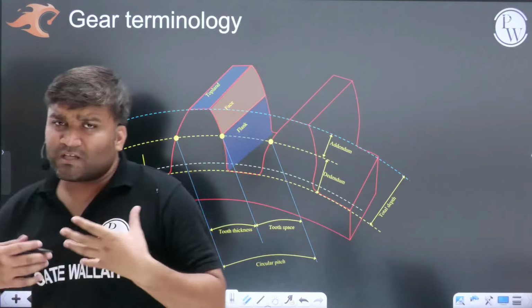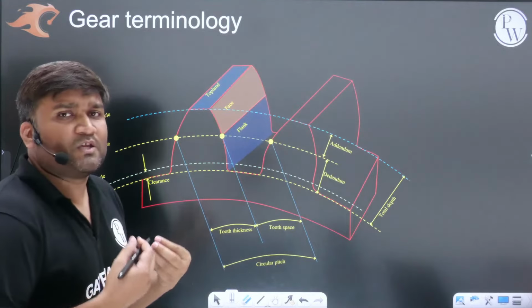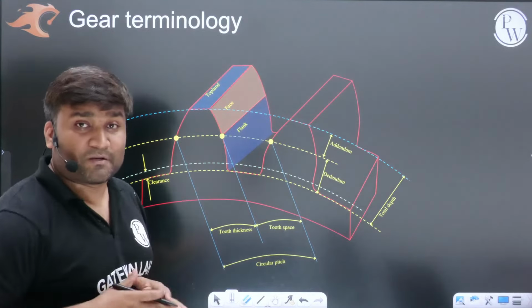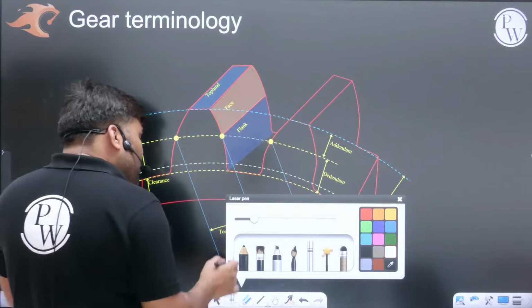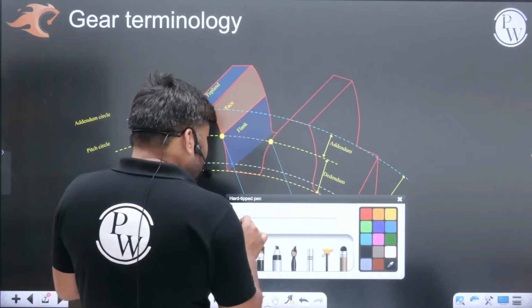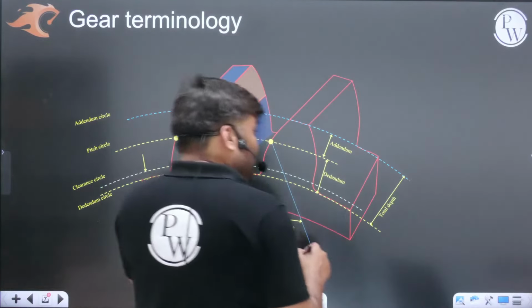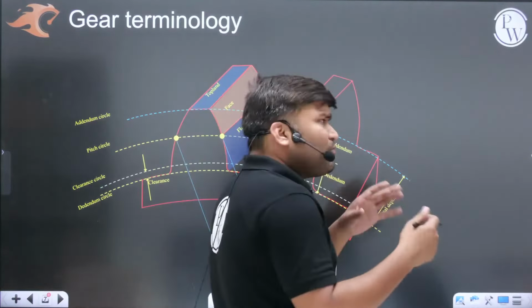So these are a few things which we are going to use frequently in this entire chapter. Now let me write a few formulas. I hope everybody is comfortable with these. The very first is the pitch circle diameter. What is pitch circle diameter, sir?